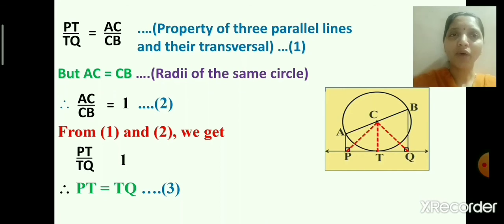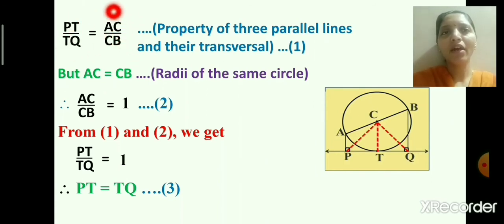From equation 1 and 2, we get PT upon TQ is equal to 1, because in equation 1 we have written PT upon TQ is equal to AC upon CB. If this ratio is 1, this ratio automatically will become 1. Now shift this TQ to the other side, you will get PT is equal to TQ. Write this equation as equation 3.